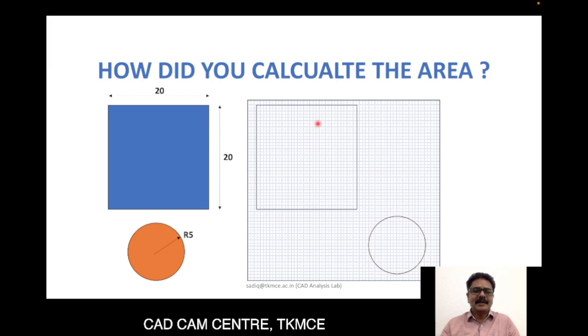The same method we applied with a circle also, but with the circle, we can see that unlike the rectangle, the graph lines were not aligned with the shape. Still, we did some kind of corrections and could reach the area approximately.